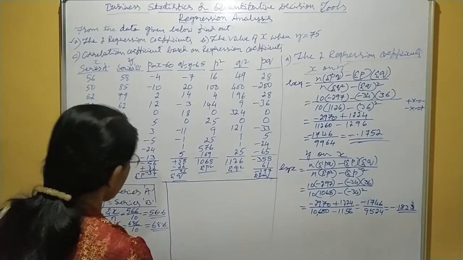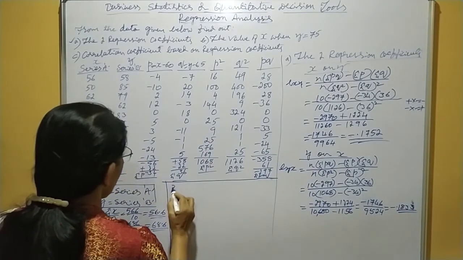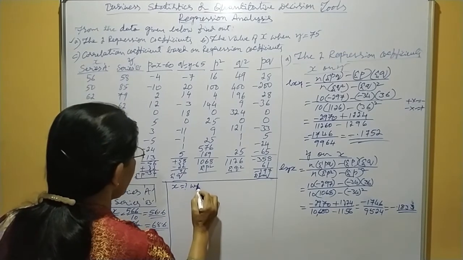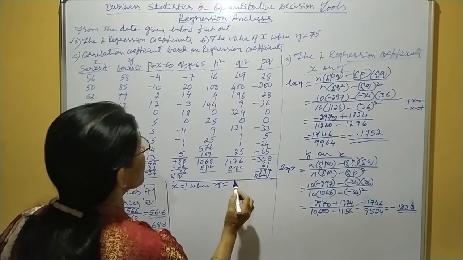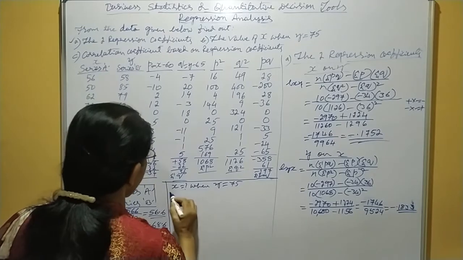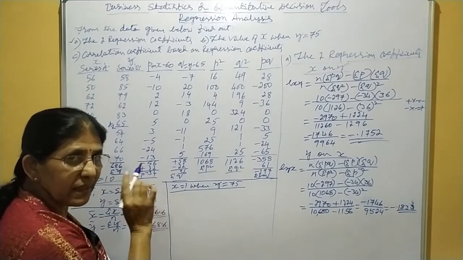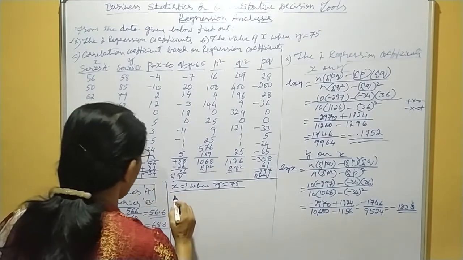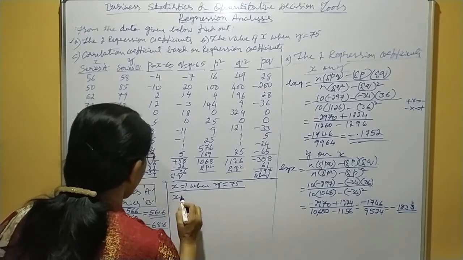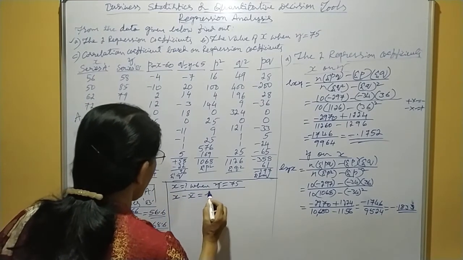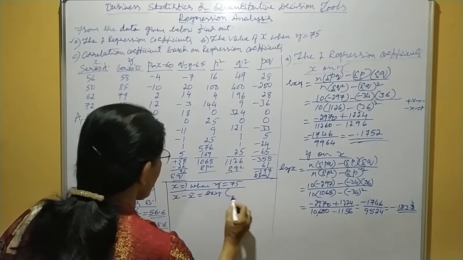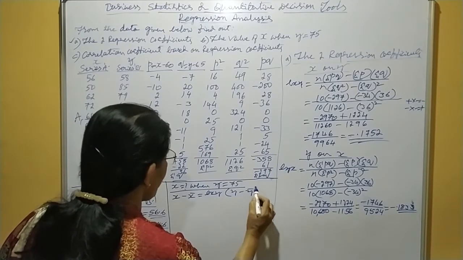Now here take the value of x when y equals 75. Now here the value to be estimated is x. Therefore you have to apply the regression equation of x on y. X minus x bar equals bxy into y minus y bar.